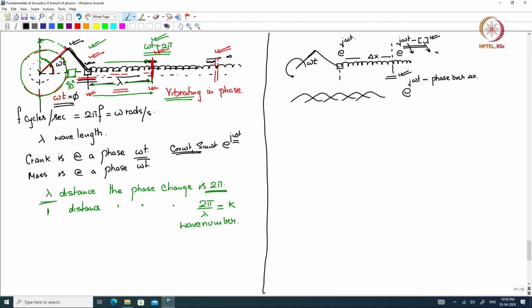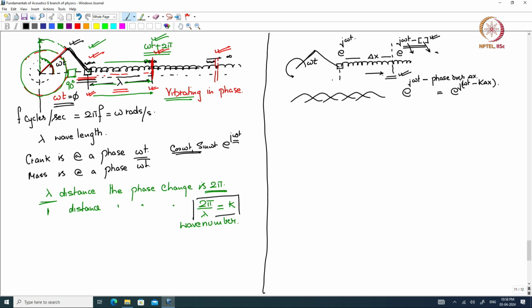But we have said that the phase change over unit distance is k, and therefore, this is going to be e to the power of j omega t, minus k times delta x. Okay. So, that is the delay seen by a point delta x to the right.